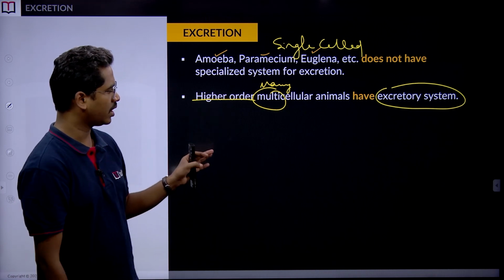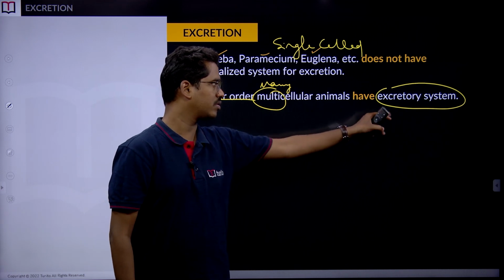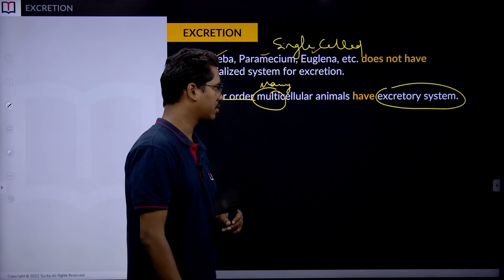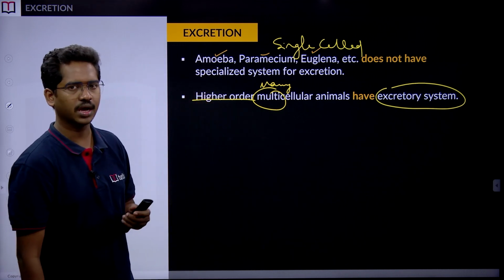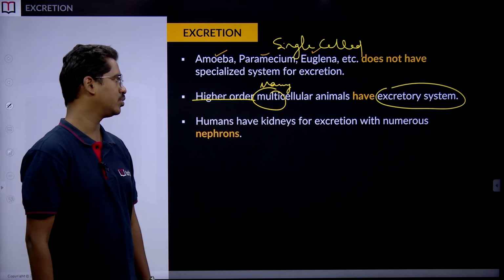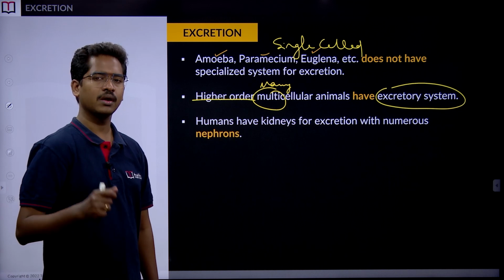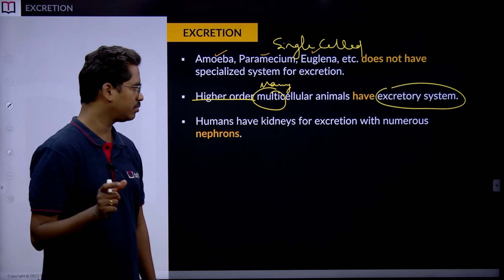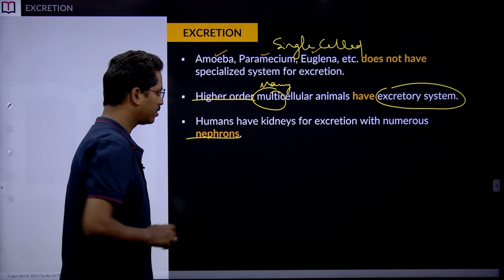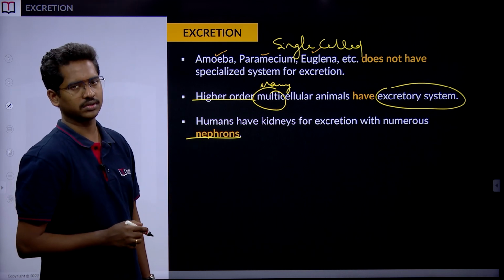So, that is the reason why one of the functioning organs which makes up the excretory system is present in higher order animals, in order to remove the metabolic wastes. For example, in human beings, it is the kidneys doing the function.